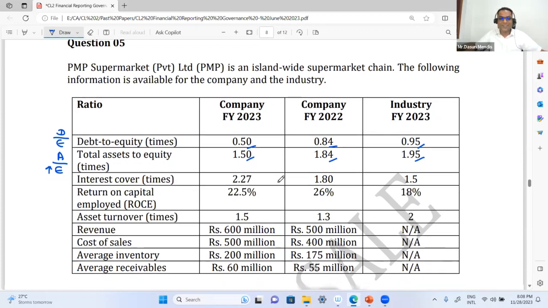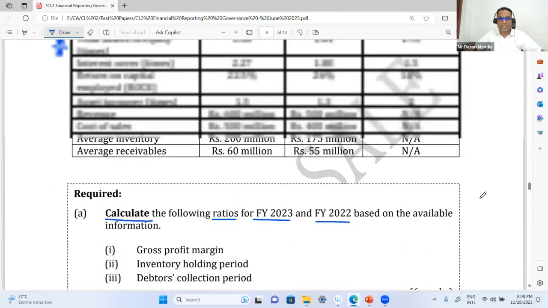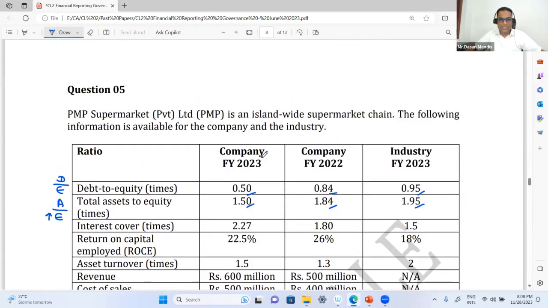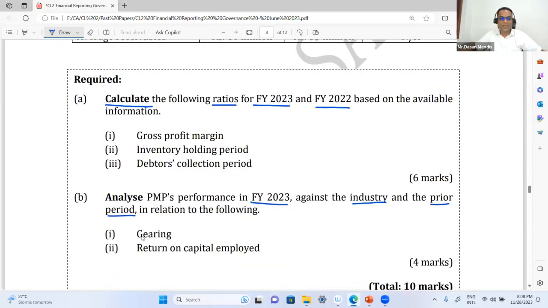Actually, I'm now answering part B. Part B is what? Analyze the company's performance in financial year 2023 against the industry and the prior period. We analyze the company's performance, that is current year, against the prior year as well as the industry. First thing we analyzed is about what? Gearing. What about the gearing?